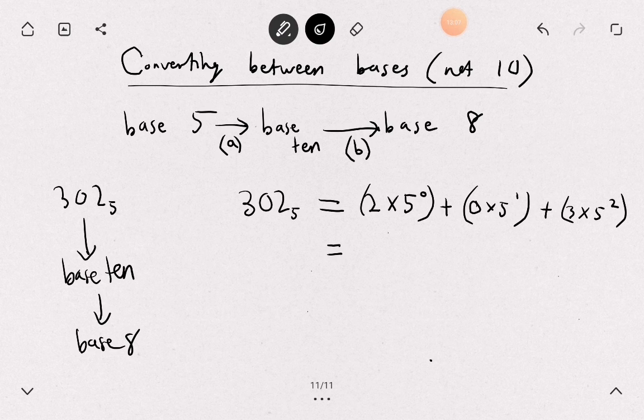So this is 2 plus 75, which should be 77 in base 10.